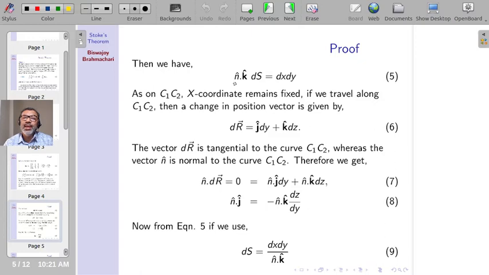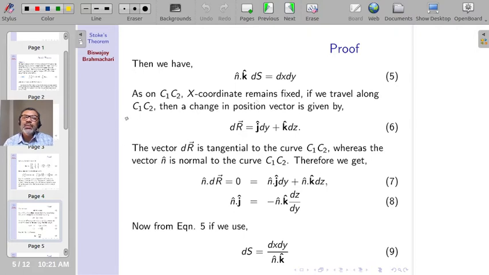Now if we project the differential surface element dS on the xy plane, then we have the relation dS equal to dx dy divided by n dot k. In other words, n dot k multiplied by dS equals dx dy. Now as on the curve C1, C2, the x coordinate remains fixed.